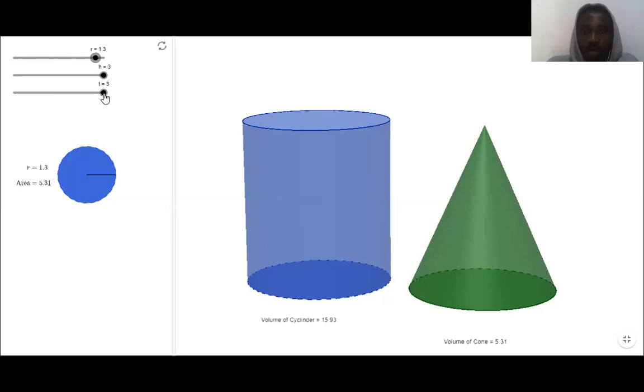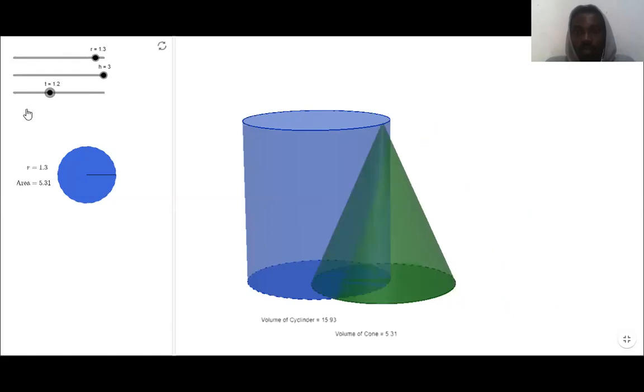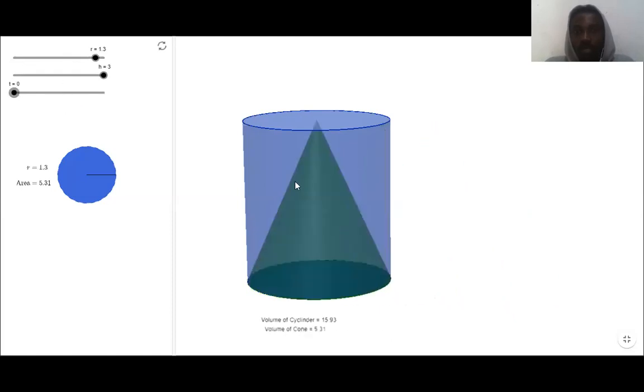I want to move the cone into the cylinder. Observe what is going to happen. Can you see that? Now I've placed the cone inside the cylinder. You see that the cone actually divides the cylinder into three parts: the empty space on the left, the empty space on the right, and the space occupied by the cone.